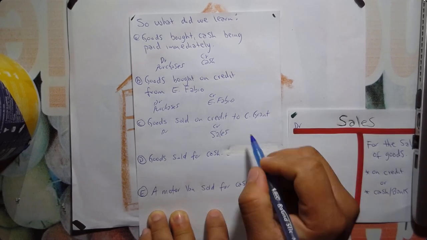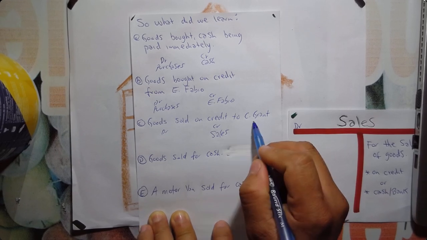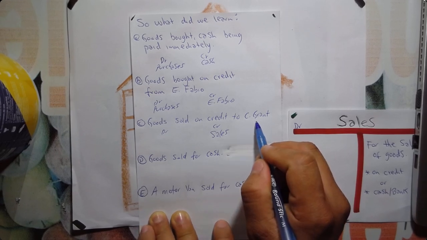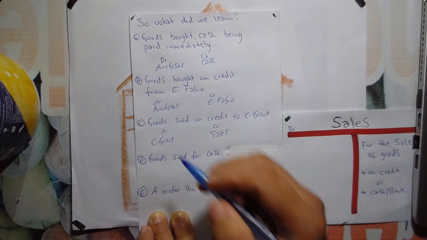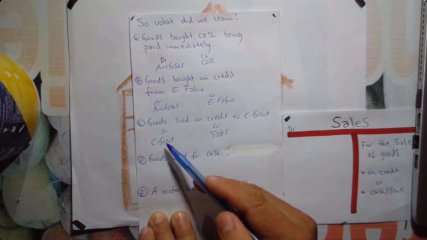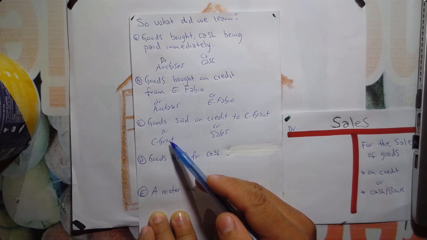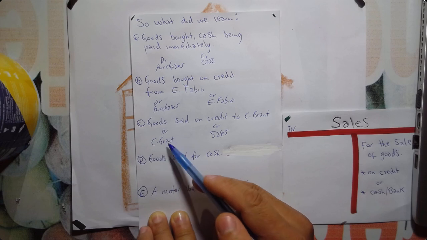Well, you sold the inventory, or the sale was for C Grant, so immediately you know that C Grant will be debited. But let's understand why C Grant will be debited. Well, C Grant is considered an accounts receivable. An accounts receivable increases on the debit side, which is exactly what I want to do.